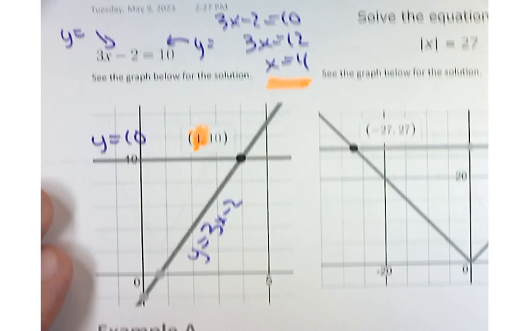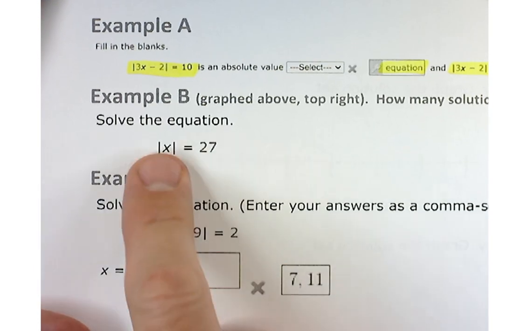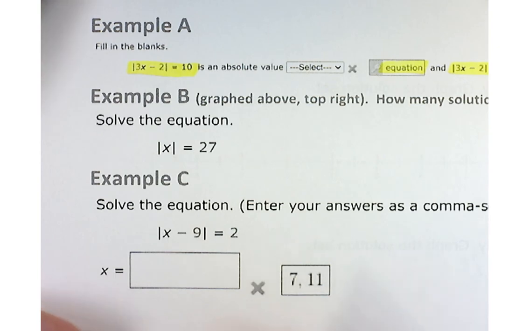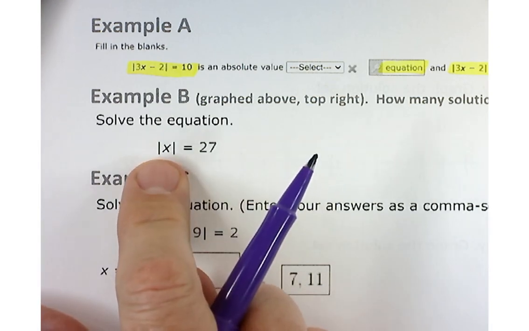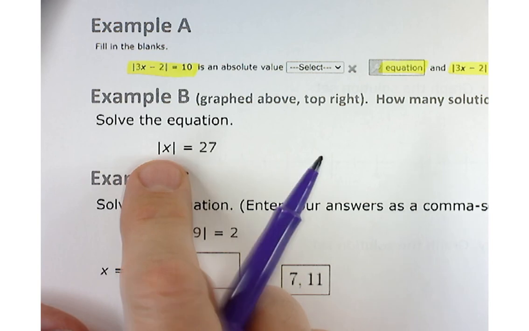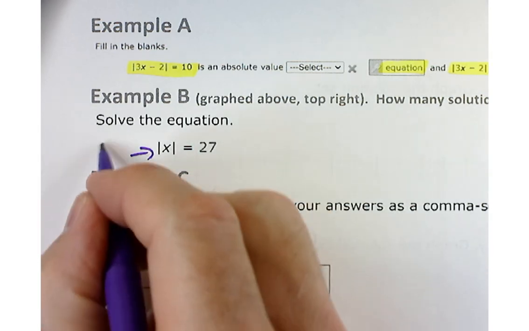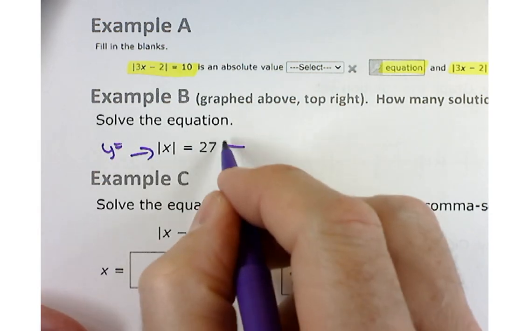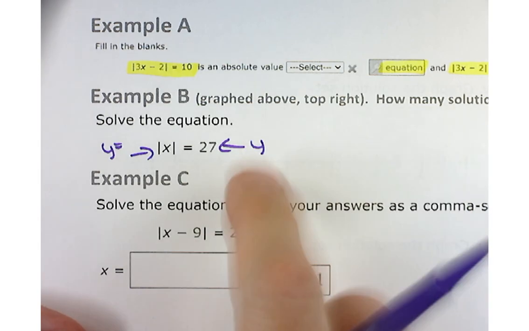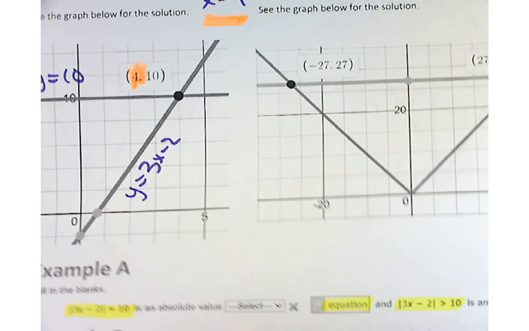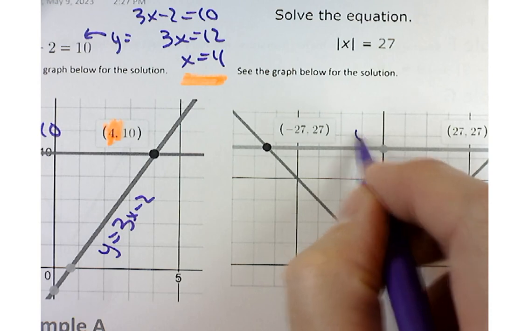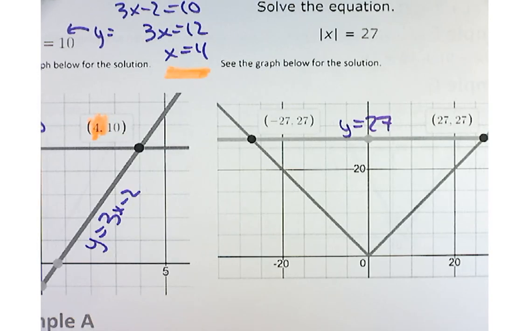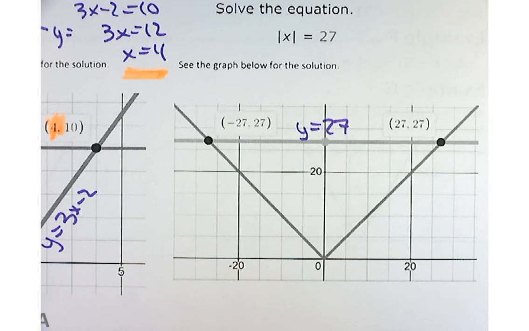Let's take a look at an absolute value equation then instead. This time, if I wanted to pull the same trick, I could let y equals the absolute value be one graph and y equals 27 be the other graph. Hopefully you're used to the idea that y equals a number is just going to be a horizontal graph.